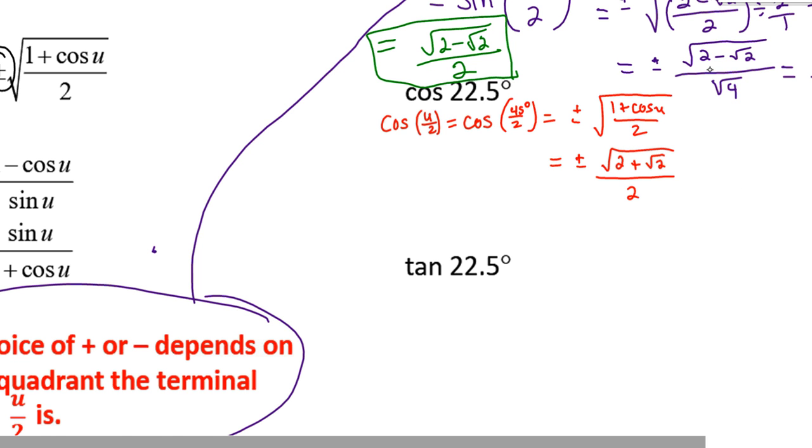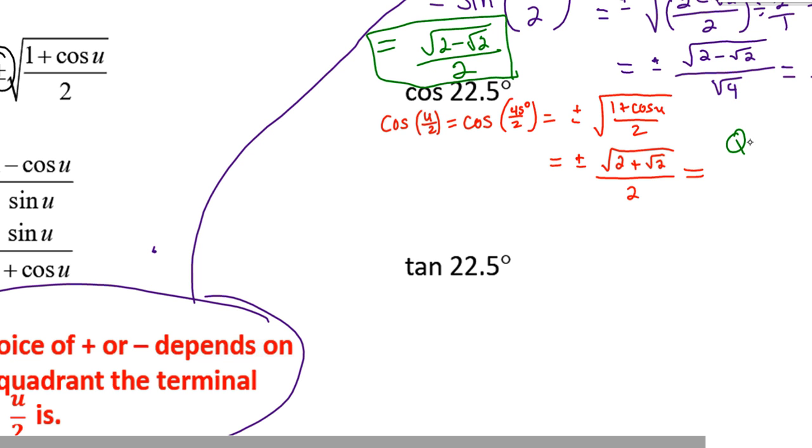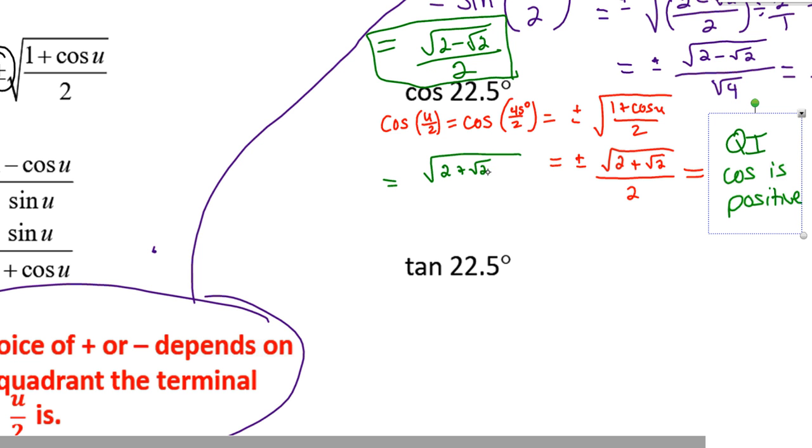The only thing is you have to change the minus to a plus. Now we are in quadrant 1 again, and in quadrant 1, cosine is positive. So your answer is square root of 2 plus square root of 2 all over 2.